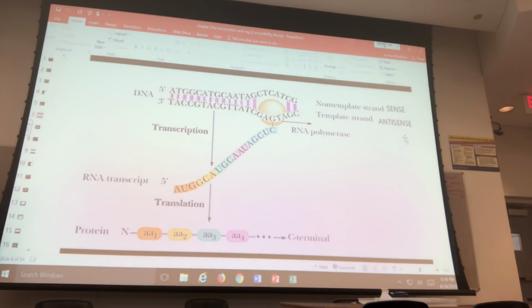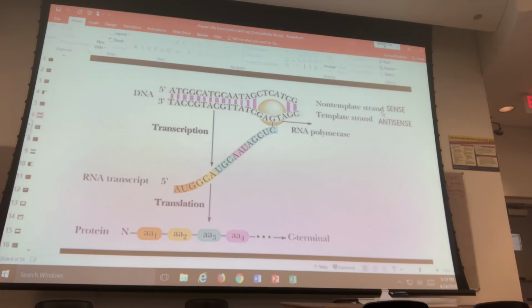Going to reiterate some things because some people had questions about this. This is 29A, transcription. We use vocab words such as sense and antisense, and now you can see on this slide what each one means. The sense strand of DNA can also be called your non-template strand of DNA. Take a look at the mRNA that was made, and compare it to the sense strand of DNA. What do you notice?